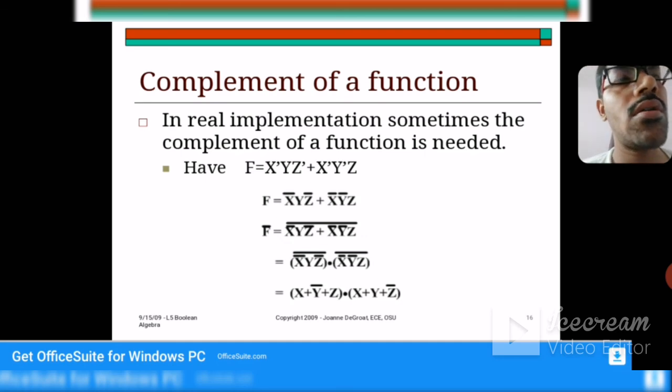See, I'm repeating this topic. The complement of a function can be easily calculated by De Morgan's law. The question is x bar y z bar plus x bar y bar z. So complement of f is equal to the whole complement of x bar y z bar plus x bar y bar z.